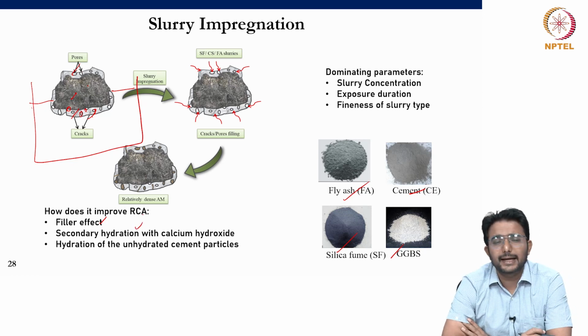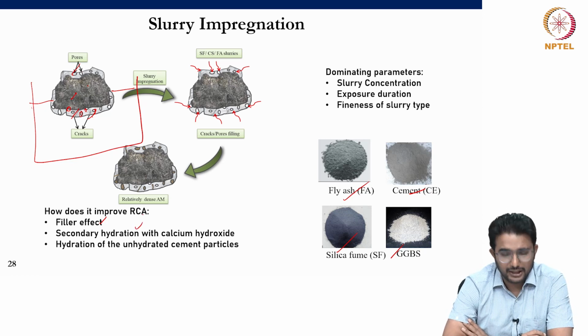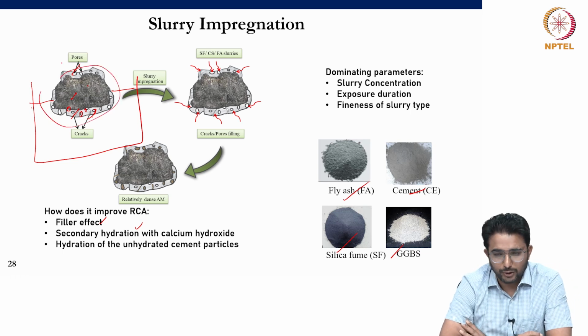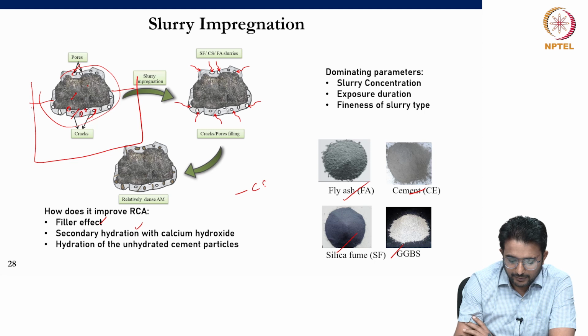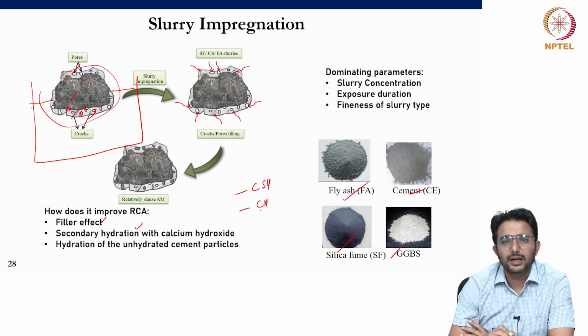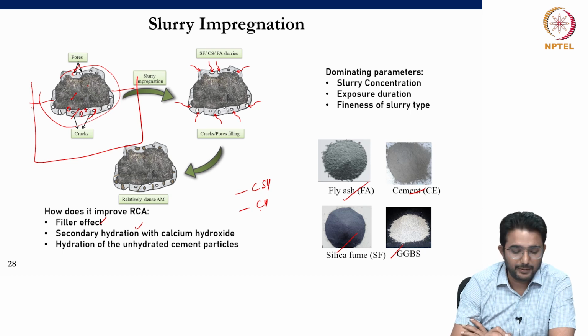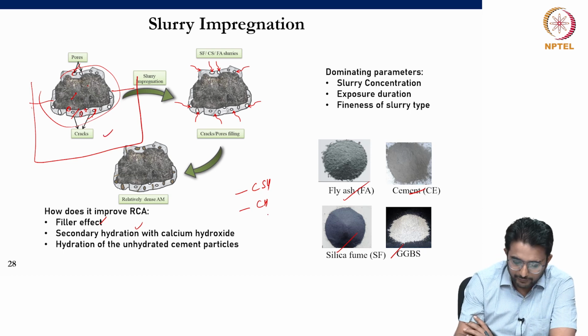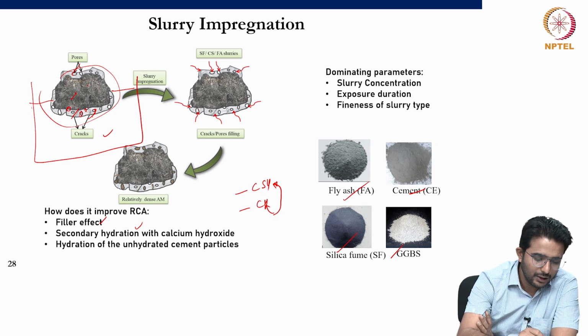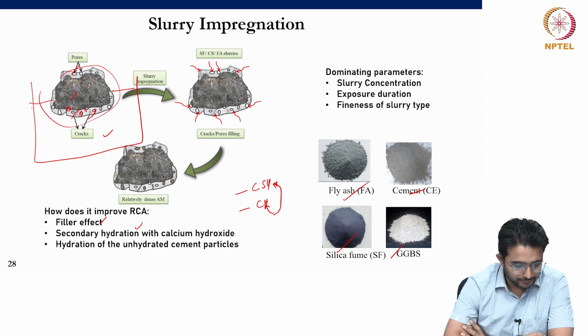The second is the secondary hydration of the calcium hydroxide. As we know, this is hydrated added mortar, so it will have calcium silicate hydrate, and it will also have calcium hydroxide. So when we use certain supplementary cementitious materials as a slurry material, obviously it will react with calcium hydroxide and lead to secondary formation of calcium silicate hydrate, therefore reducing the pores and reducing the cracks, right?